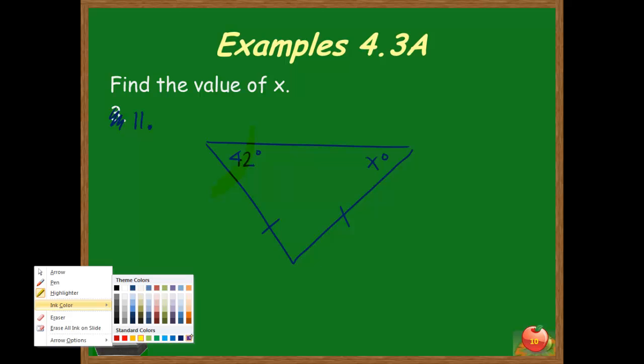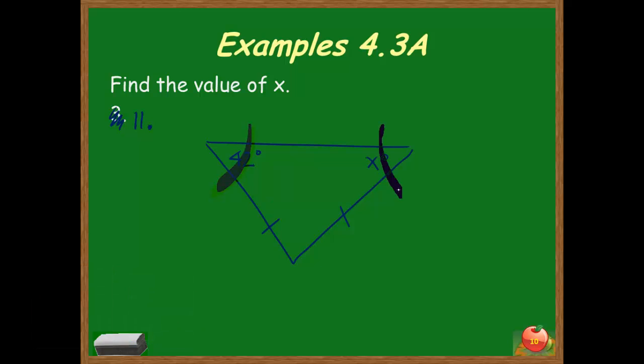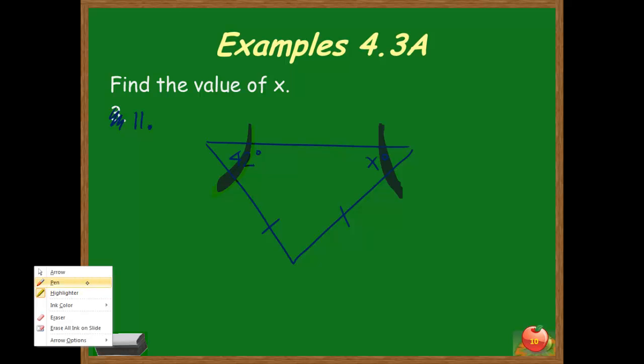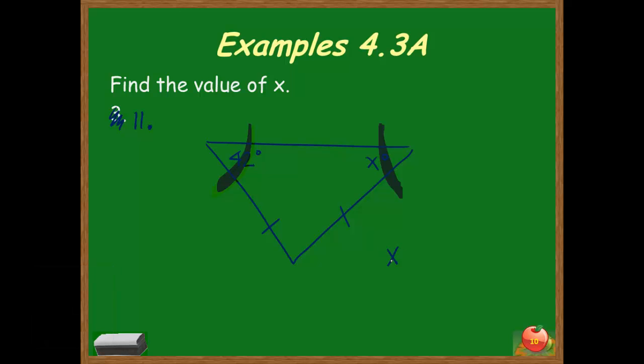Let's try a different color highlighter maybe. Oh, I know that those two angles are congruent, which means that I can say that x equals 42 degrees. Remember, those can get a little trickier. What if that wasn't just x? What if it was something like x plus 5?